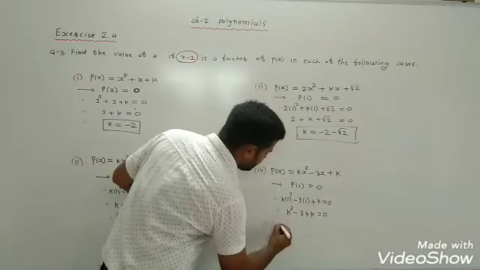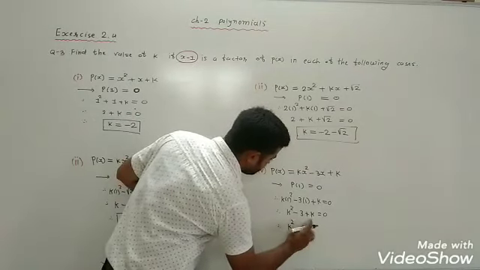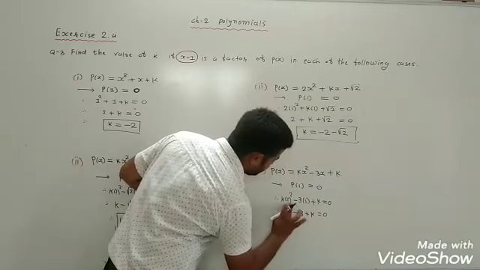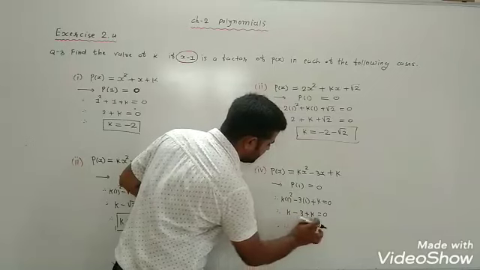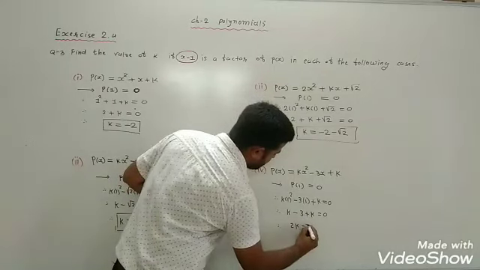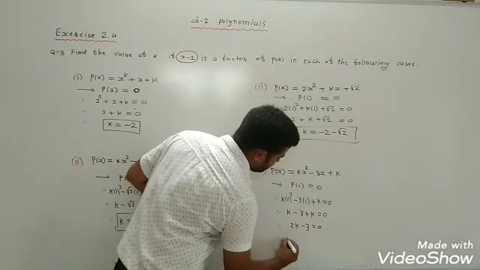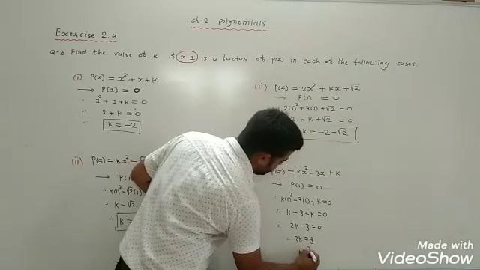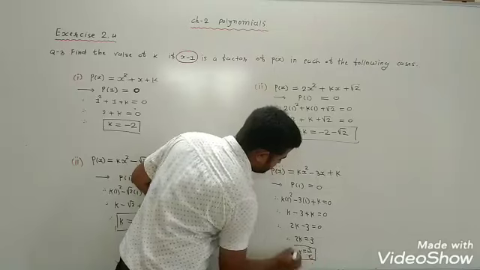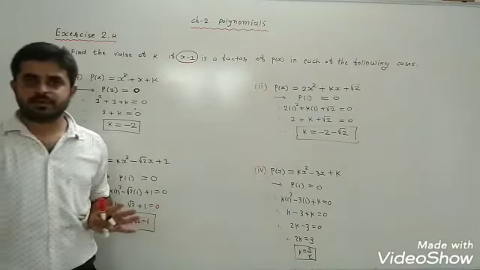If we rearrange, k plus k is 2k minus 3 is equal to 0. So 2k is equal to 3. So k is equal to 3 by 2. It is the value of k.